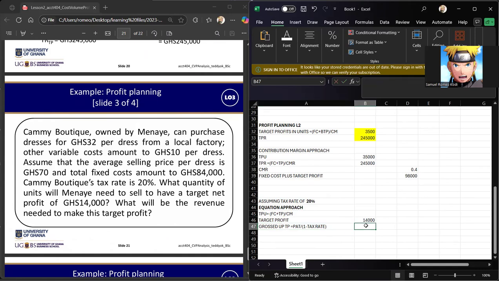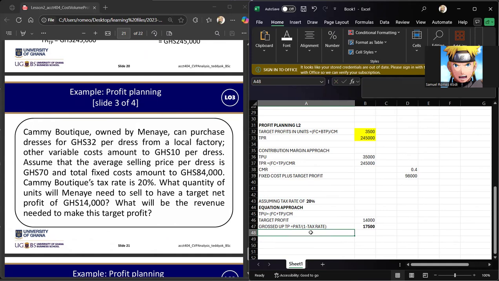Okay. So what's our profit? It was 14,000. 14,000 divided by 1 minus 0.2. You get it? So this is 17,500. So these are the new target profits.